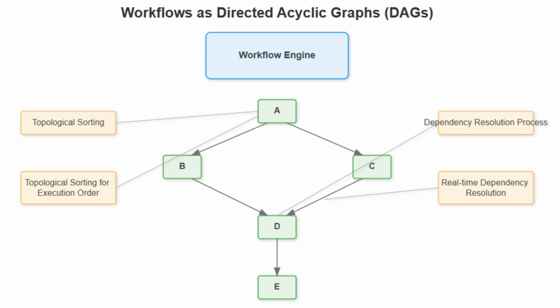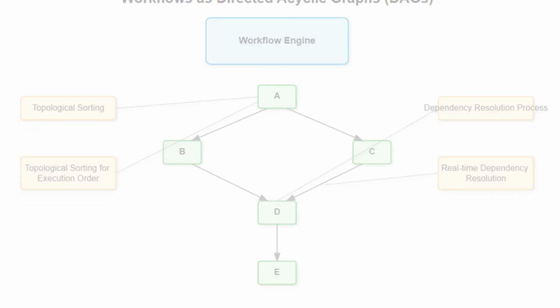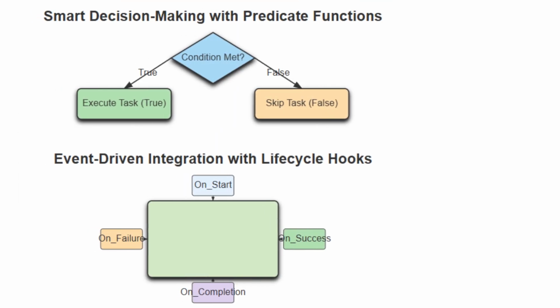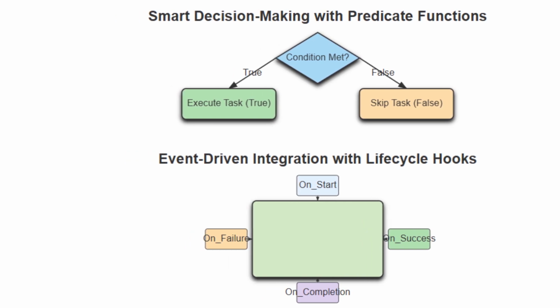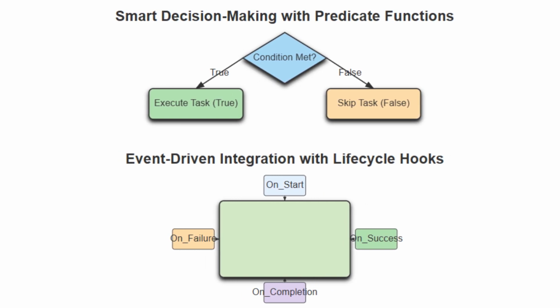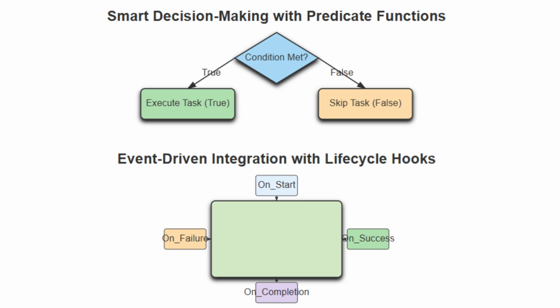Beyond just dependencies, production workflows demand runtime intelligence. This is where conditional execution comes in. Imagine a content moderation system. You wouldn't want every piece of content to go through manual review. Only borderline cases need human attention. Our conditional system evaluates task contexts using predicate functions.